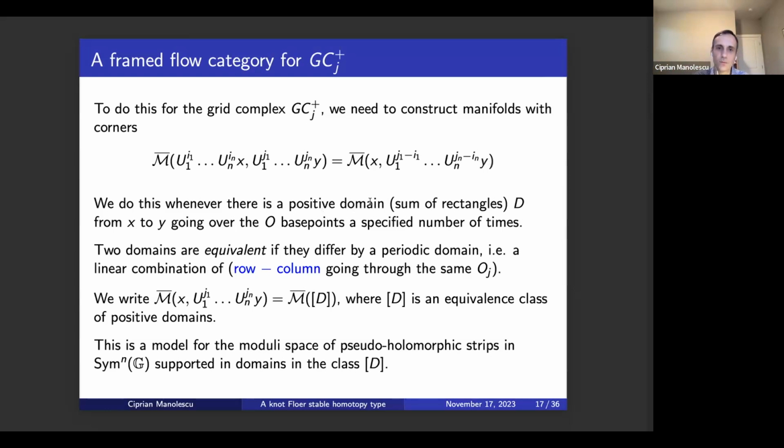Given X and Y, and if you specify how many times it goes over a base point, to every homotopy class of strips in the symmetric product, you can associate some domain on the plane. By a domain, I just mean a sum of rectangles. It can be something like this.